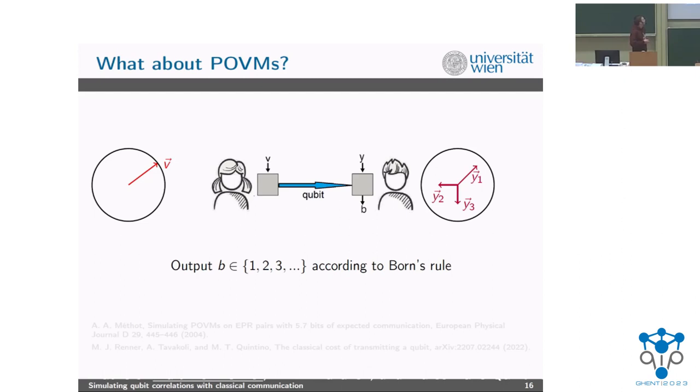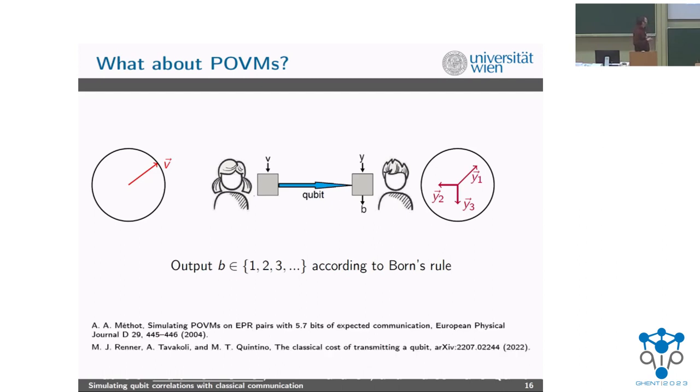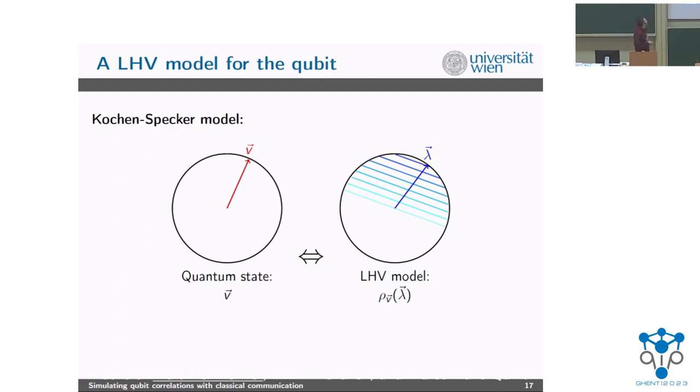We found an explicit protocol that also simulates these things with just 2 bits of communication. So what's the idea here? In a nutshell, the idea of the old protocol of Toner and Bacon is that Alice tries to prepare for Bob, from these shared random vectors that they had in the beginning, a distribution that looks like that.